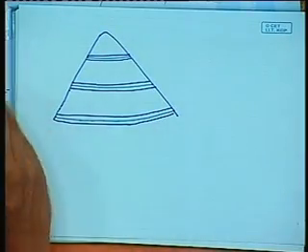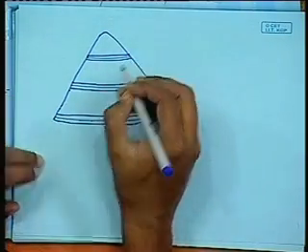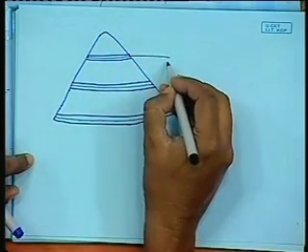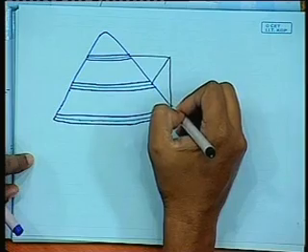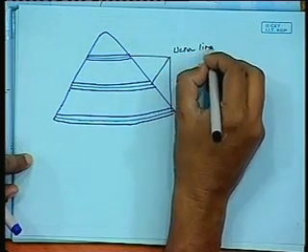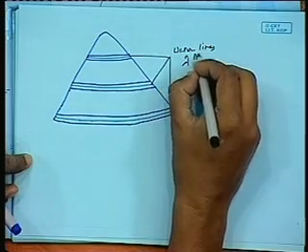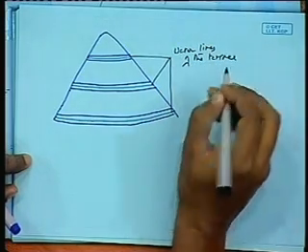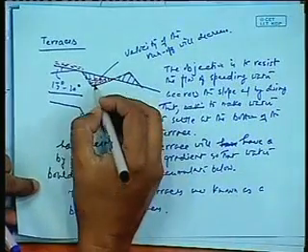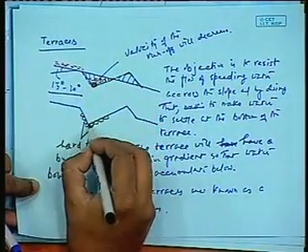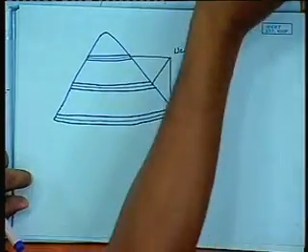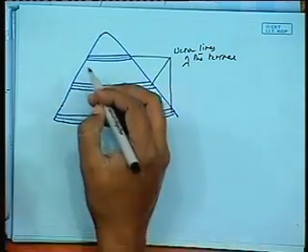The green one shows the water line of the terrace. These are called the water lines of the terrace. You see in the last picture that we have shown, the water line of the terrace is here. This is where the water would begin to pass.